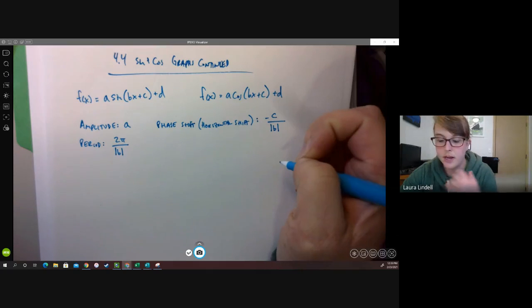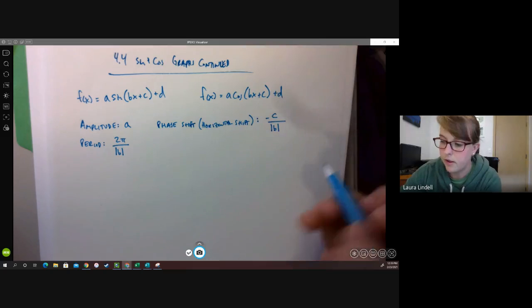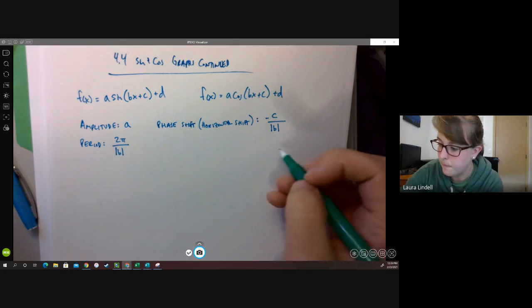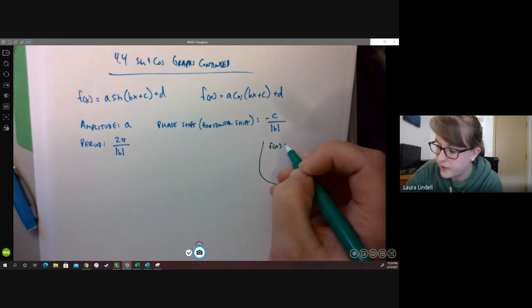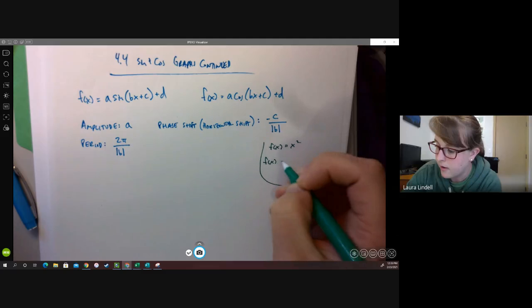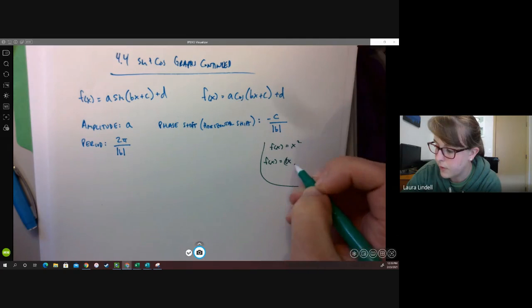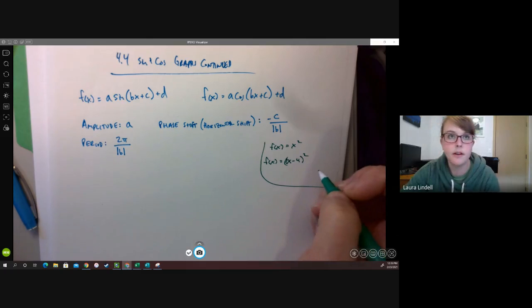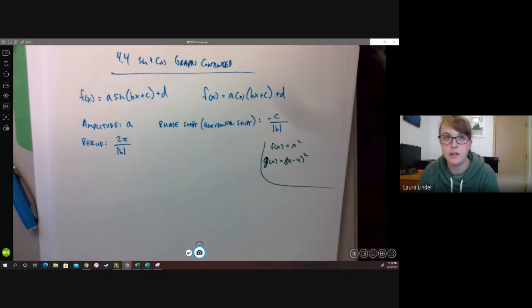But another way that you can kind of think about this and find it, just for a moment, we'll take a little detour over here. When you think about something like f of x equals x squared as the parent function, and we'll go with g of x equals (2x minus 4) squared.